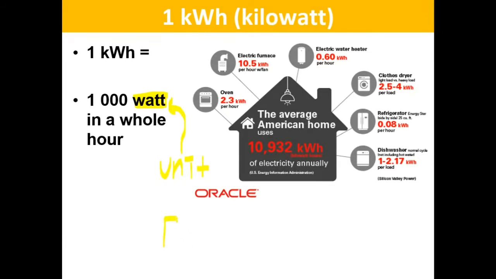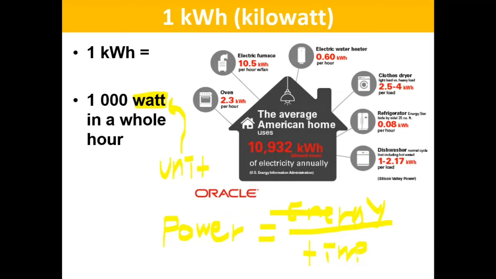But one thing that I want you to understand right now is that power is a concept of comparing how much energy is produced or used per certain hours. Energy goes on the top, and at the bottom, you have time.